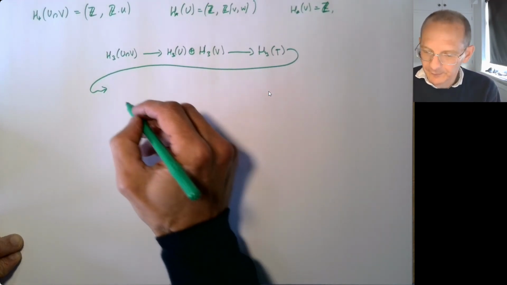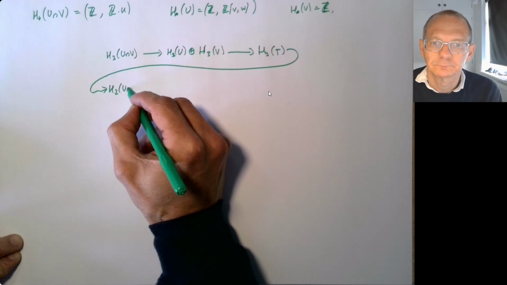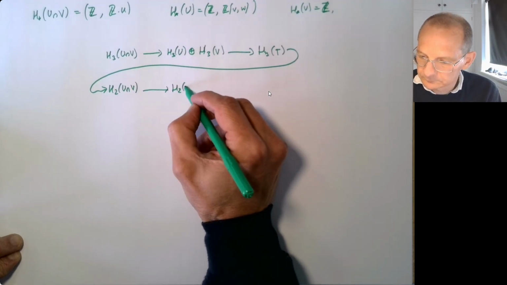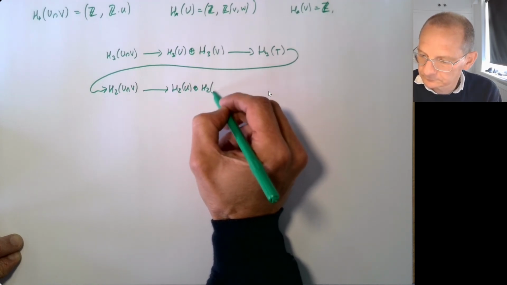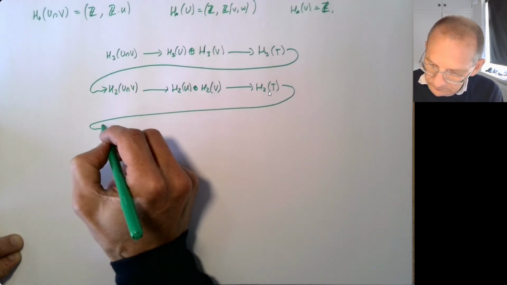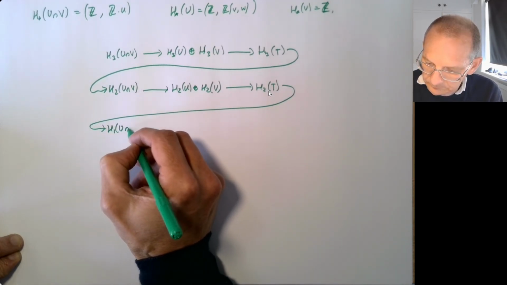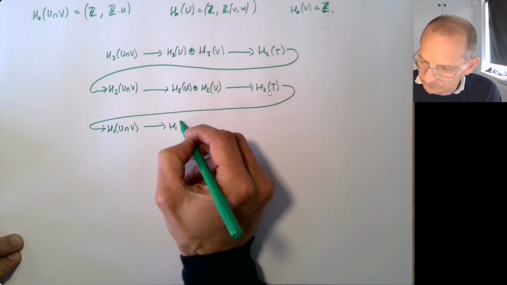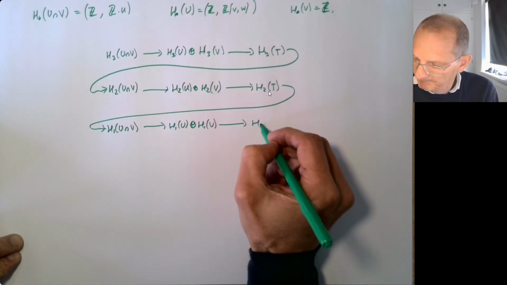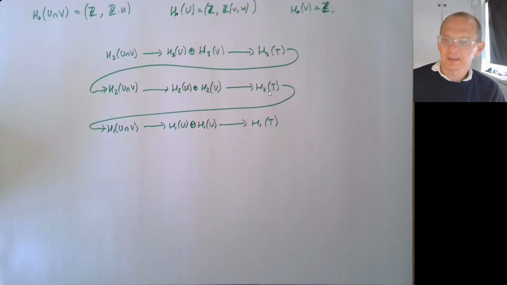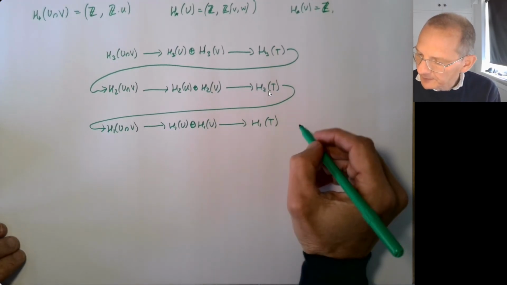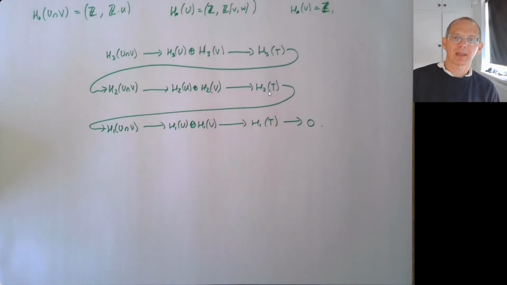Okay, so you've got, and then the same in H2. Okay, and we'll do the truncated version of the Mayer-Vietoris sequence, which we can because everything's connected. So we can just put a 0 on the end there.